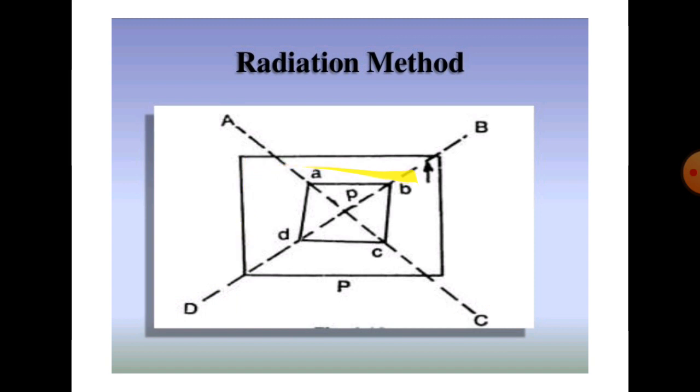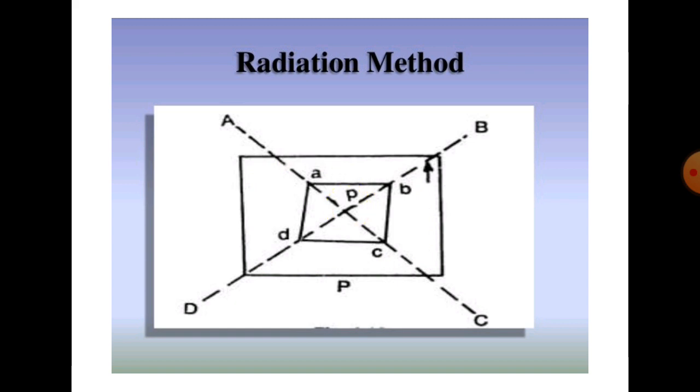So these 4 points are marked on a paper. This is the plane table drawing sheet, and these 4 points A, B, C, D are marked on the paper as small a, b, c, d. So first we set up the plane table at a point P. Clear?